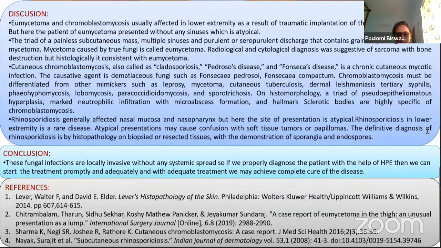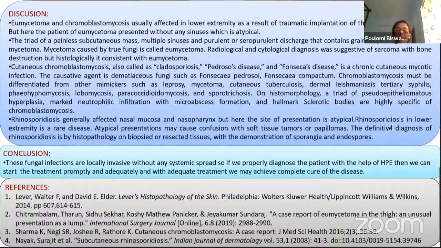Cutaneous chromoblastomycosis is a chronic cutaneous mycotic infection due to dematiaceous fungi such as Fonsecaea pedrosoi, Fonsecaea compacta, etc. It generally mimics leprosy, mycetoma, cutaneous tuberculosis, dermal leishmaniasis, etc., which are differentiated histopathologically by the triad of pseudoepitheliomatous hyperplasia, neutrophilic infiltration with microabscess formation, and hallmark sclerotic bodies.